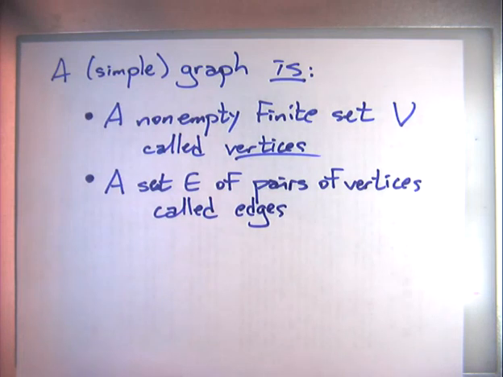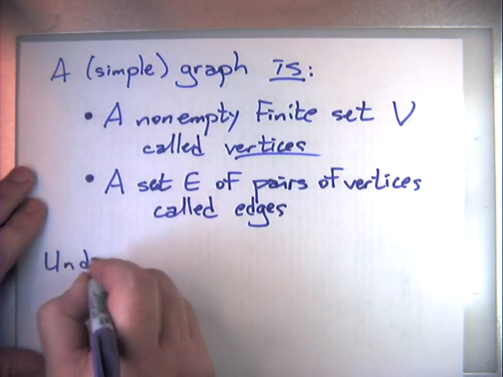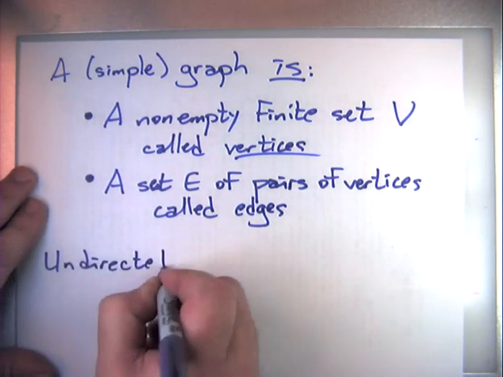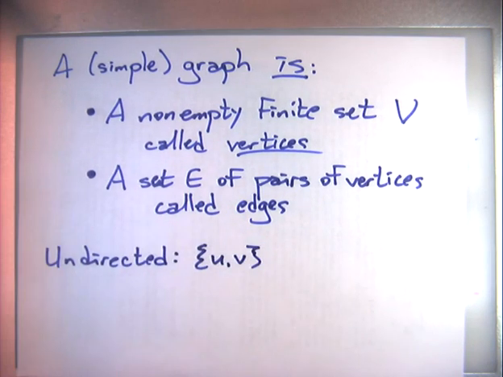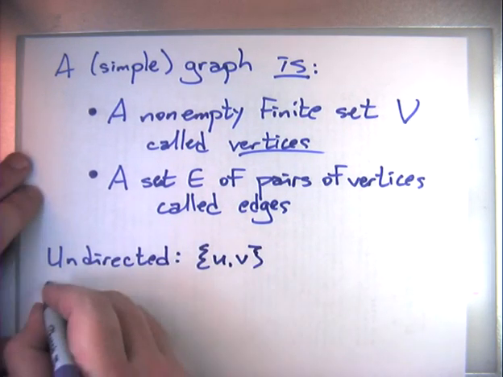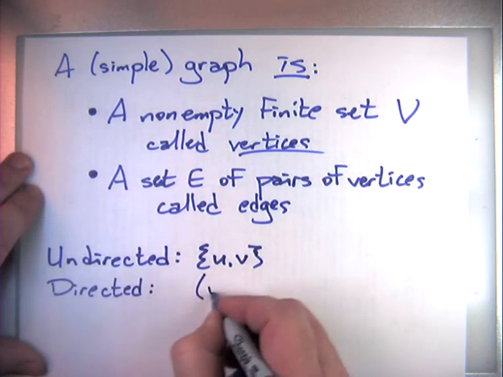And again, to be formal, I need to distinguish between 2 kinds of pairs. In an undirected graph, a pair is just a set containing 2 vertices. And in a directed graph, a pair is actually ordered.